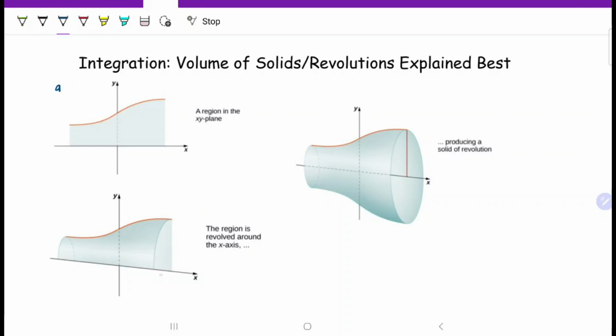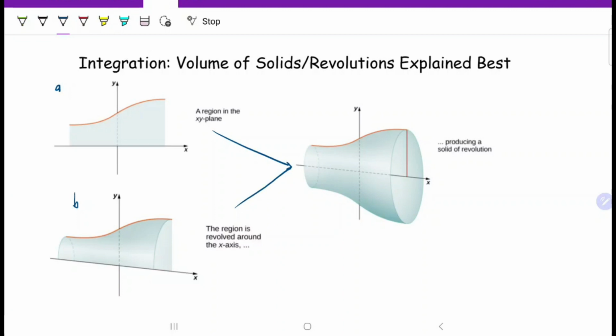Once you start thinking about creating a region around the x-axis, we can turn this into a 3-dimensional looking shape, and this is exactly what it looks like, and therefore we'll call this diagram B. And normally between diagram A and B, that's where we do our integration and we can find the area under the curve.